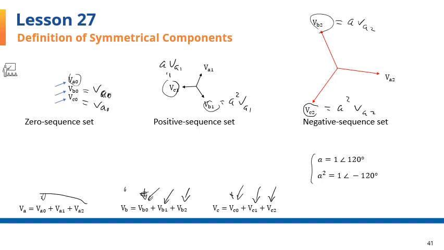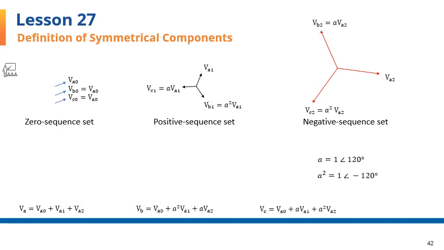I've done that on the next slide, so you can see VA doesn't change, it's the sum of those three. But for VB, now everything is represented in terms of VA0, VA1, VA2. And for VC, same thing. It's expressed in terms of a sum of three phasors that are all expressed in terms of VA0, VA1, and VA2.